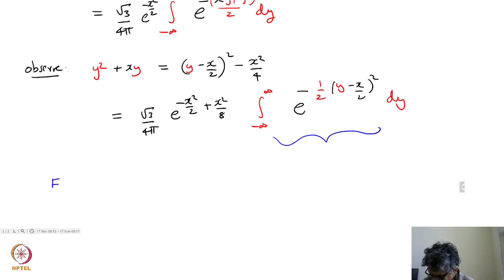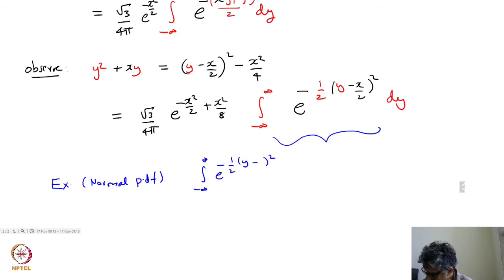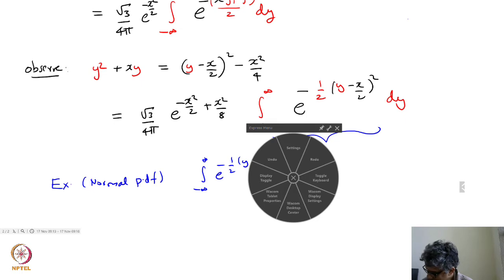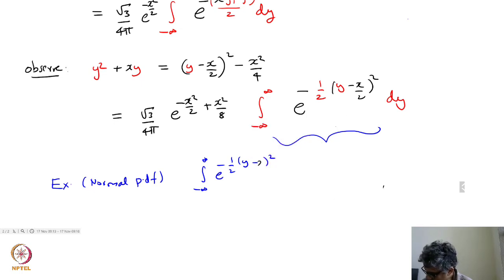So this is an exercise to observe, from facts about normal density, the normal PDF, that the integral from minus infinity to infinity of e to the minus 1/2 of y minus this whole squared dy is in fact square root of 2 pi. That's something you have to evaluate, because 1 over root 2 pi of this guy is going to be integrated to 1.